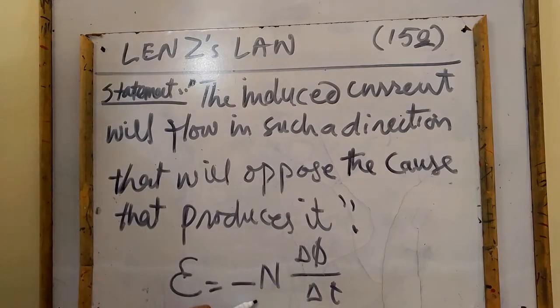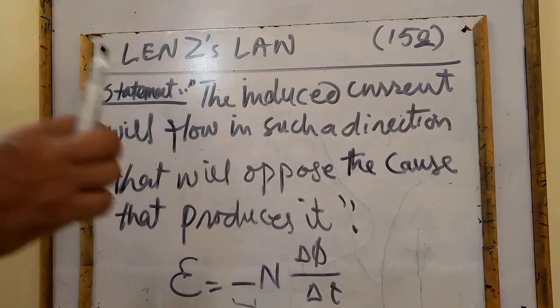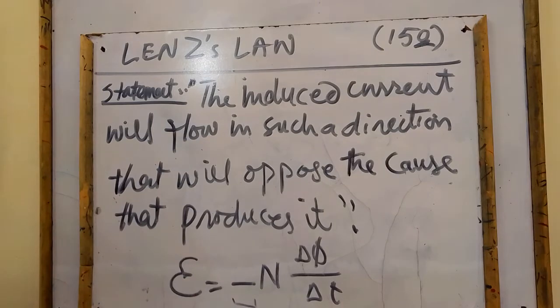In the previous lecture, we had discussed this negative sign briefly, but here we will explain this concept in detail. This negative sign reminds us that the induced current opposes the changing magnetic field that caused this induced current.